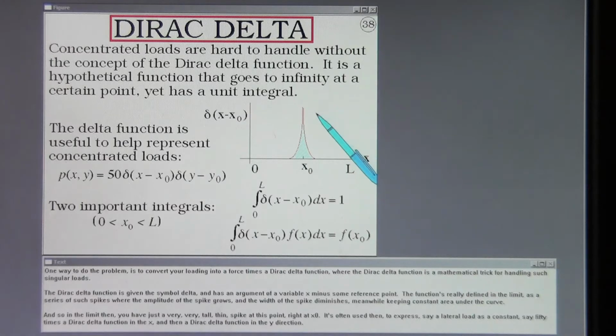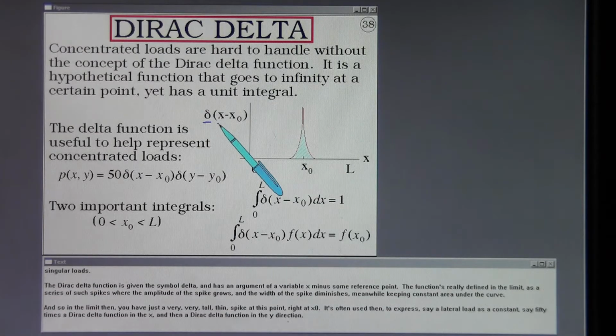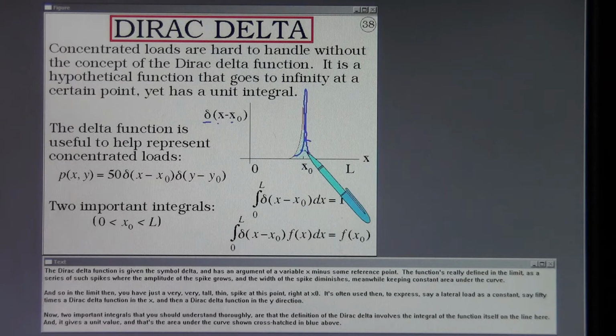The Dirac delta function is given the symbol delta and has an argument of a variable x minus some reference point x0. The function is really defined in the limit as a series of such spikes where the amplitude of the spike grows and the width of the spike diminishes, meanwhile keeping constant area under the curve.